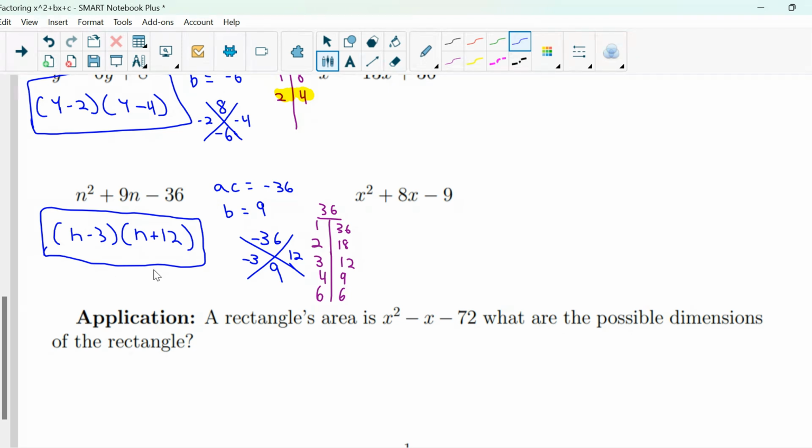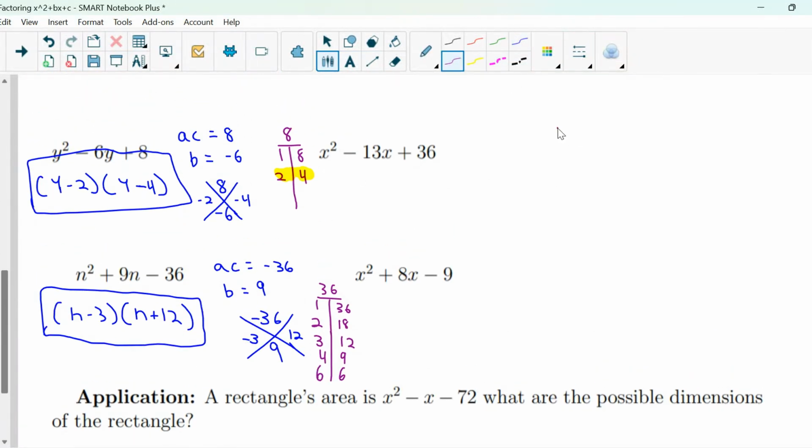All right, so just a couple more quick rules here. I'm sure we'll repeat both of these in class. To help you with this process of finding your factors, just know that when b is negative and c is positive, that means that both factors are negative.